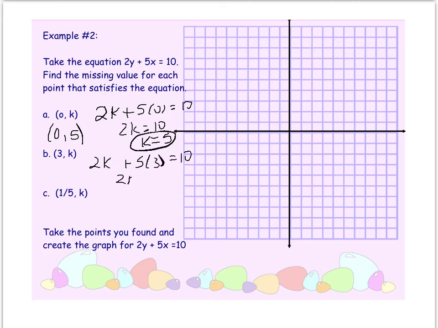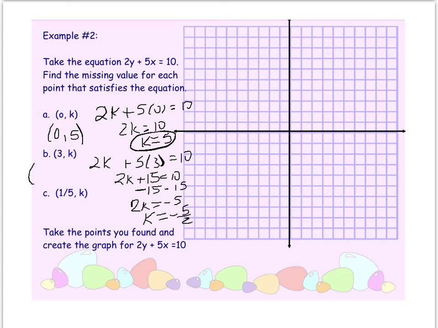So 2k plus 15 equals 10. Subtracting 15 from both sides, we get 2k equals negative 5, and k equals negative 5 halves.